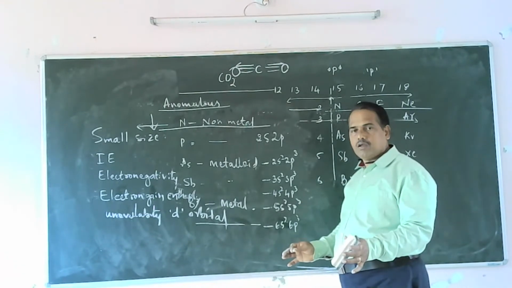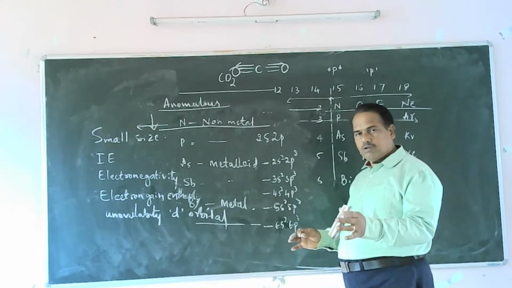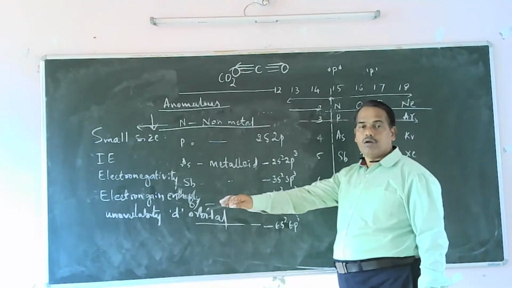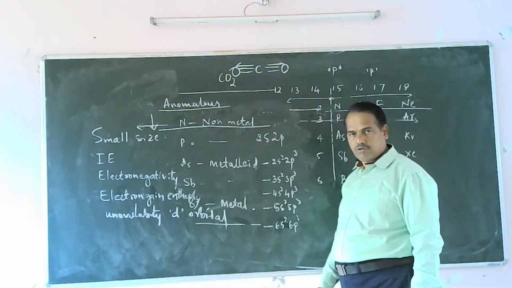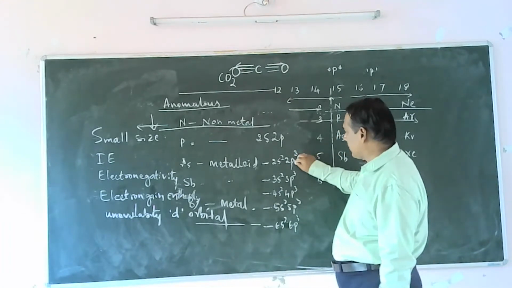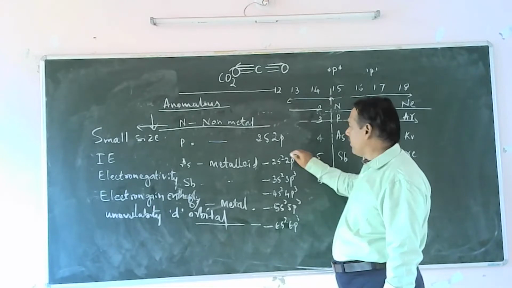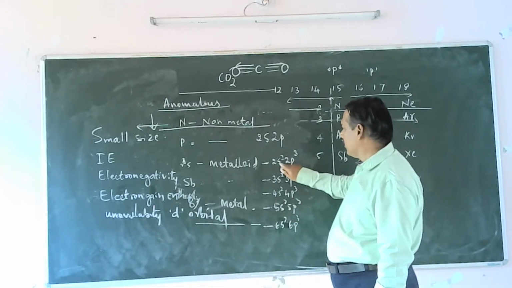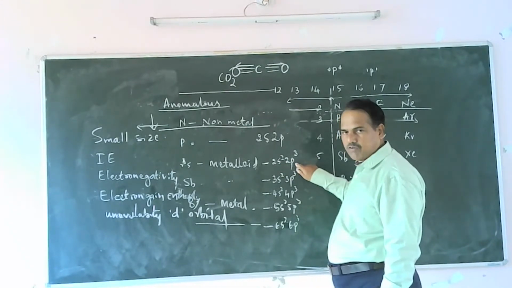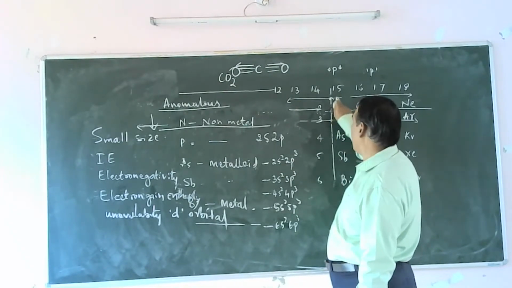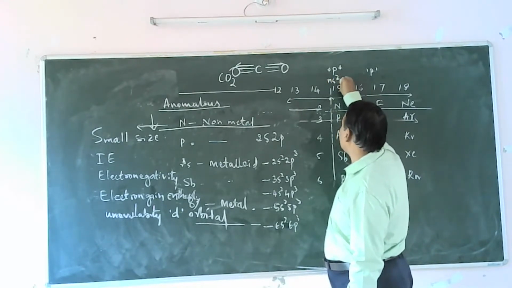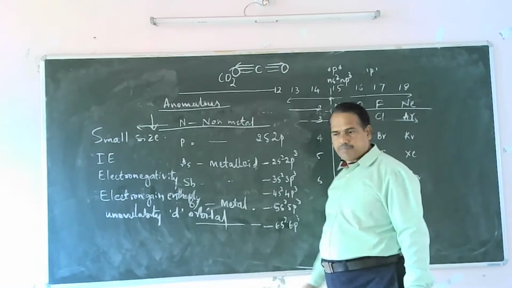And why is there a diversity in the same group? Again, it is due to the screening effect of d and f electrons, which is nothing but poor shielding. In the electronic configuration, nitrogen 2s2, 2p3 is a half-filled configuration. Generally, all group 15 elements show the electronic configuration ns2, np3.